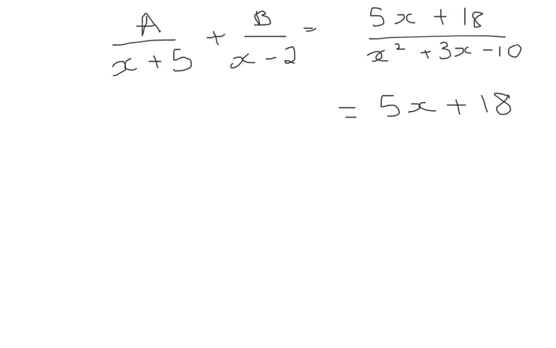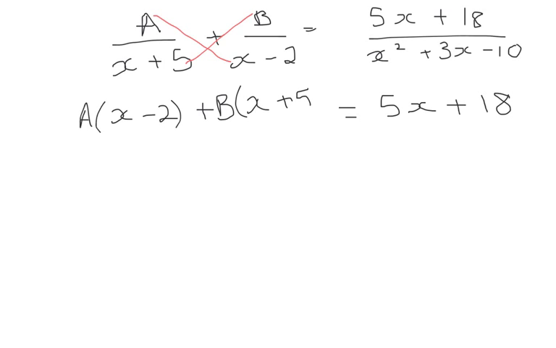Leave that there. Over on the left, a multiplied by the other denominator and b multiplied by the other denominator is equal to the numerator, 5x + 18. Find a and b by choosing convenient values of x.